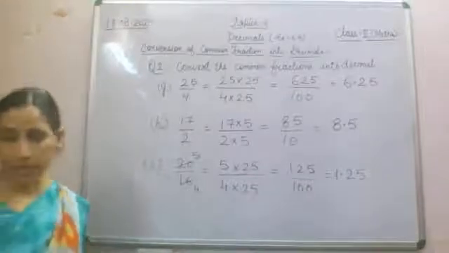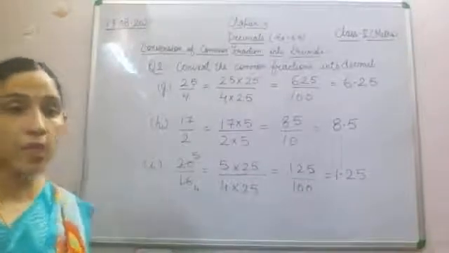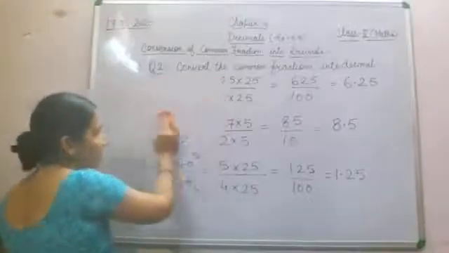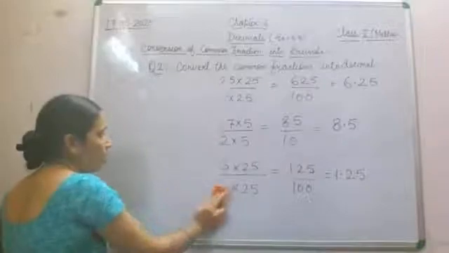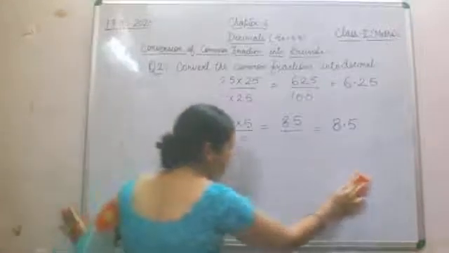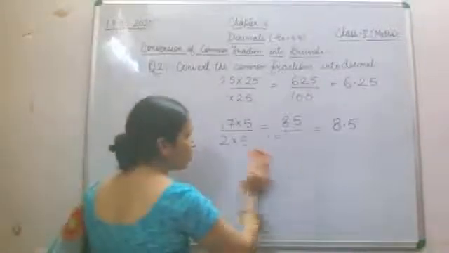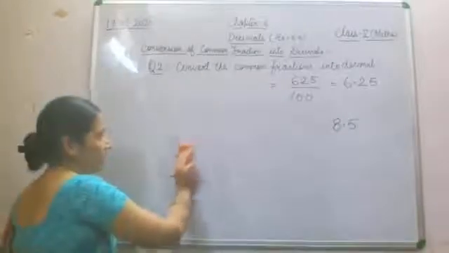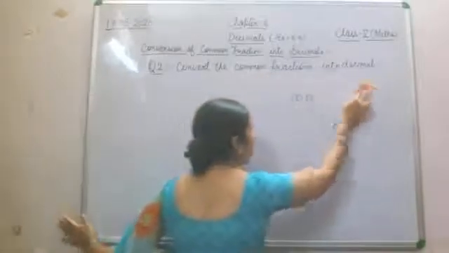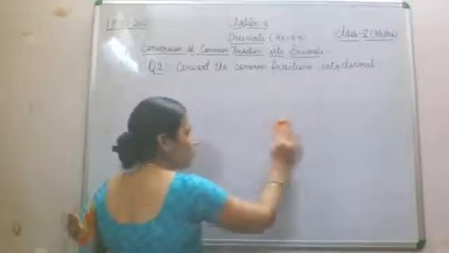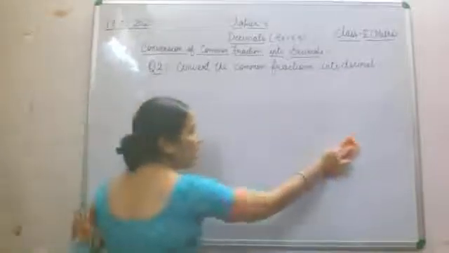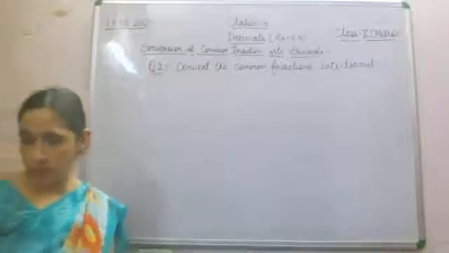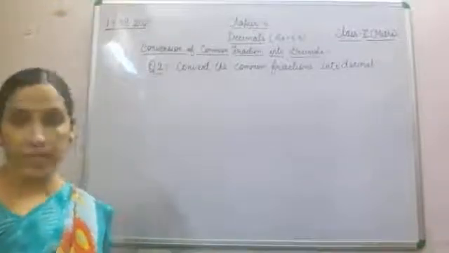Now J, K and L, three parts of the same question, were left, which are a little bit different from these earlier questions, because in these three parts J, K and L, you have been given a mixed fraction. Now first of all you have to convert the mixed fraction into an improper fraction, and then you have to change it into decimal form.